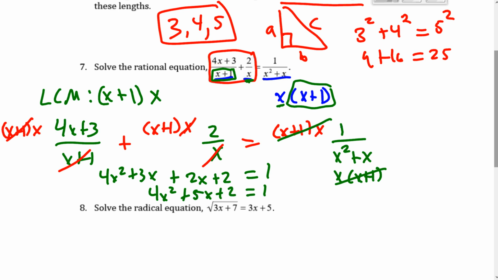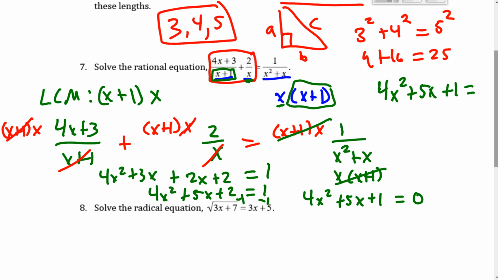We can subtract 1 on both sides, because now we have a quadratic, and in order to solve a quadratic we need to either factor. So I'm going to subtract 1 on both sides, because now it's set equal to 0, so now we could use the quadratic formula, or completing the square, which we don't want to do because we have to divide everything by 2, or we can try to factor it. Oh, that's plus 1.